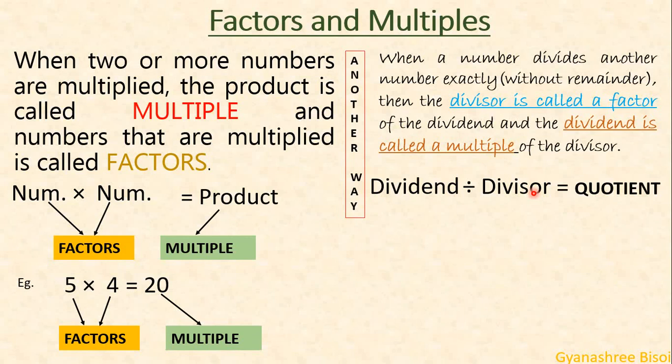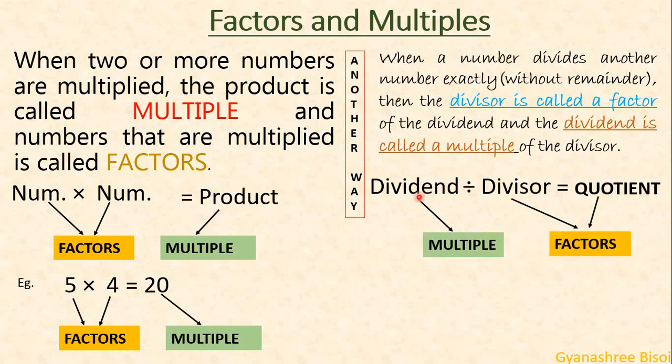Here we don't have any remainder, because when the divisor divides the dividend exactly without any remainder, only then can we call the divisor a factor of the dividend. Here dividend is called a multiple of the divisor, and the divisor and quotient are called factors of the dividend.